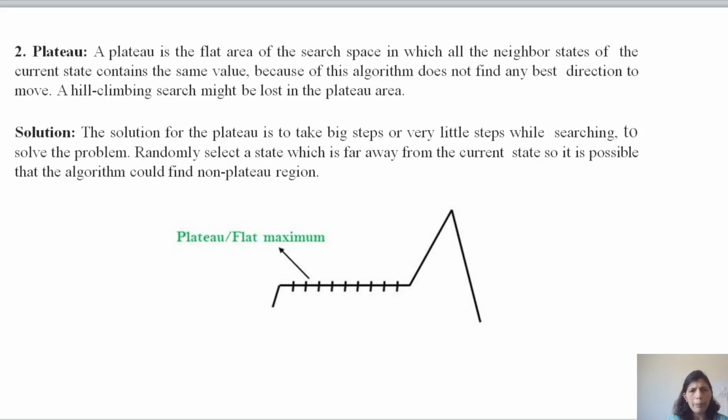The solution for the plateau is to take a big step or a very little step while searching. To solve the problem, randomly select a state which is far away from the current state so it is possible that the algorithm could find a non-plateau region. Plateau means our next state is not better than the previous one. We are on the same step. The solution of this problem is to make a big jump, which is also not possible in real life.